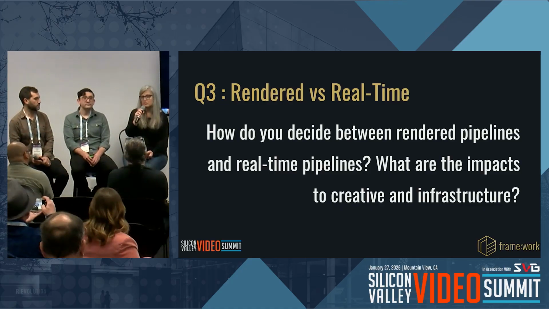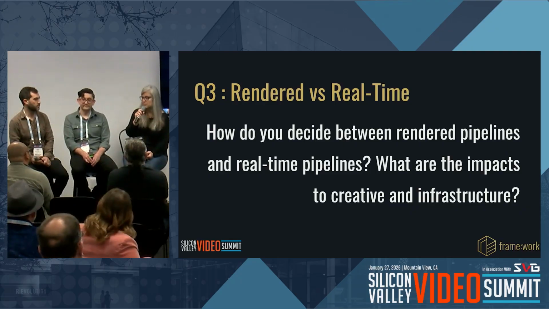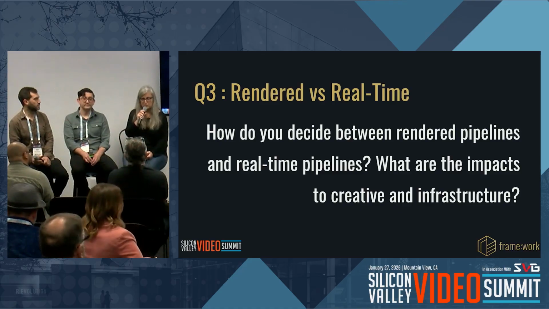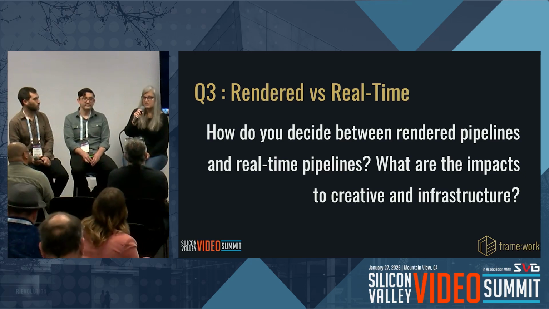Even if it's time code, the production process itself might benefit from a real-time pipeline, just so you can get content responding faster than going back through a rendered pipeline to deliver final files. So how do you and your teams decide between the pipeline types, between rendered and real time, and the impacts to not only how you build your creative, but the tool sets and infrastructure you bring or demand to deliver that?